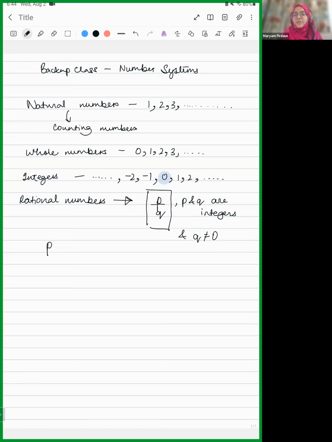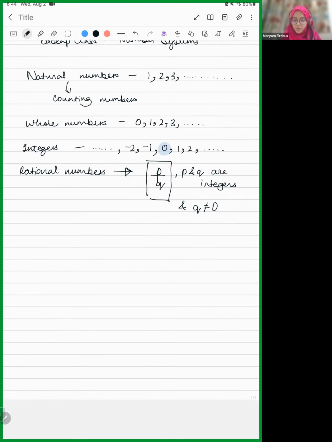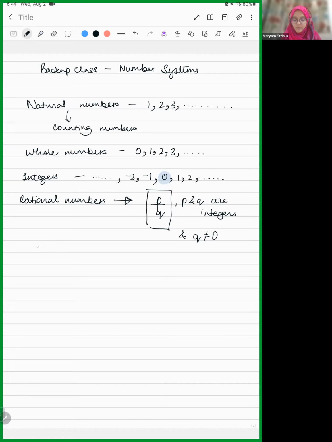Why should q not be 0? Because if q is 0, then it doesn't have a meaning. Let's take any number. 5 by 0. 5 by 0 is equal to what? 5.